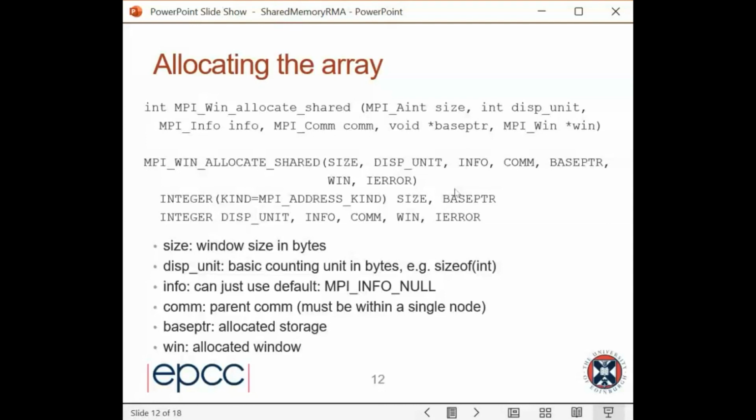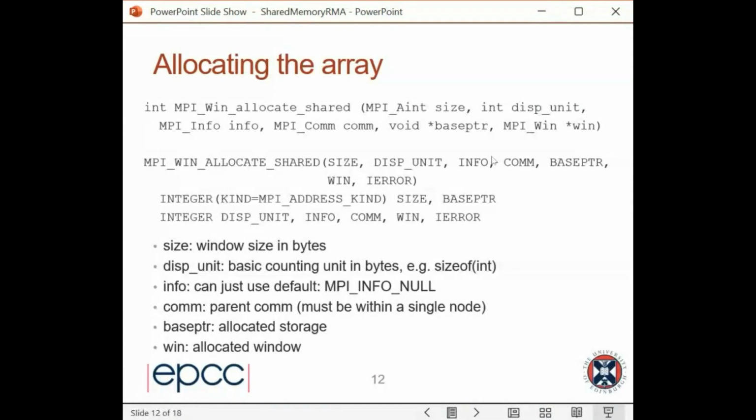And as I said, you get back a pointer to your local array. Again, this window is useful because it refers to all of them. So if you want to do synchronization, you do synchronization on the window. It's slightly weird, but you get back two things.